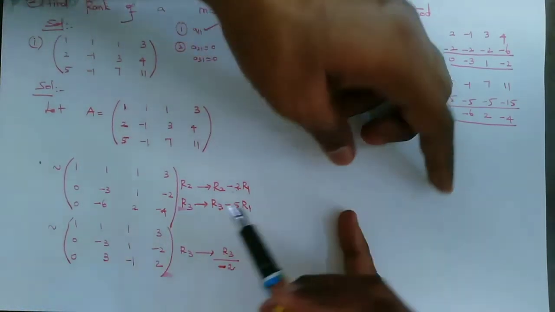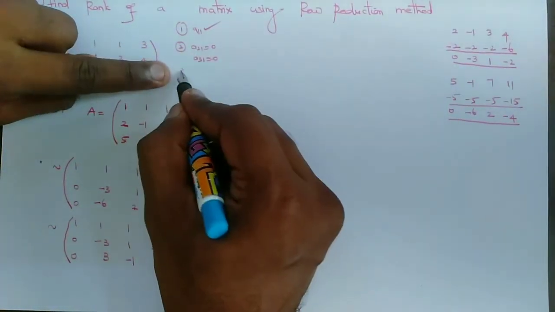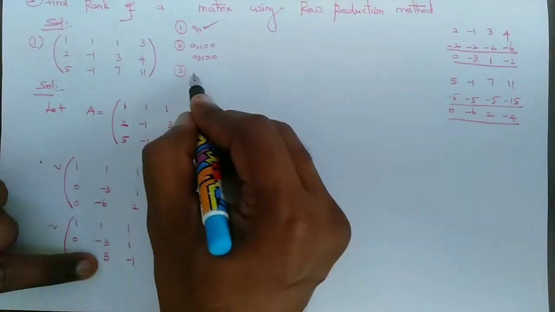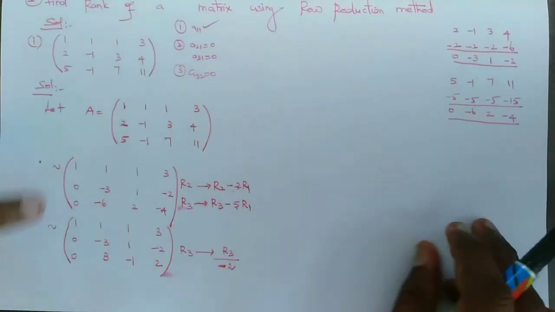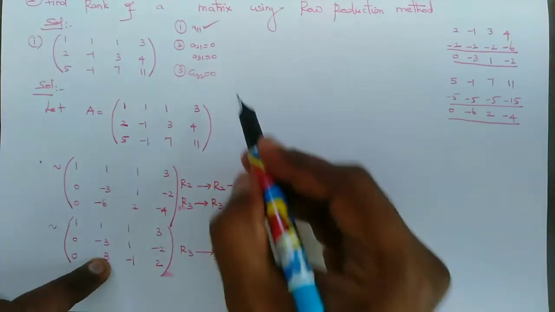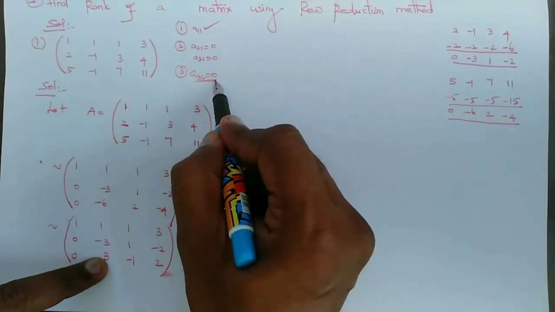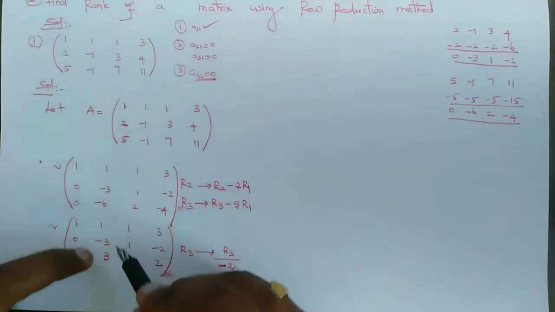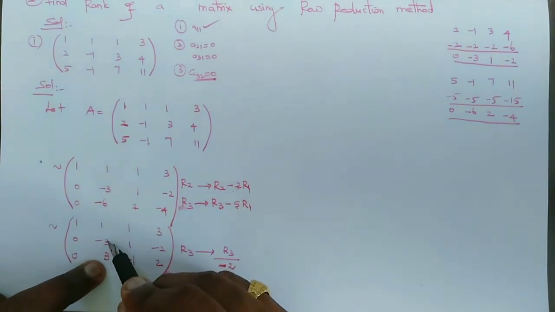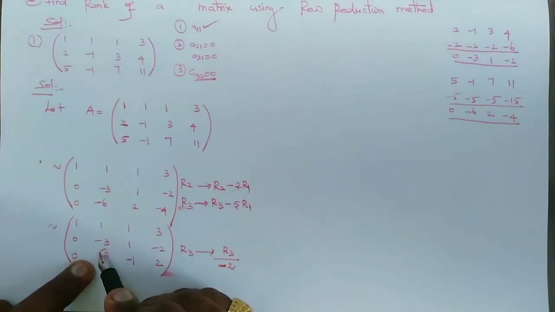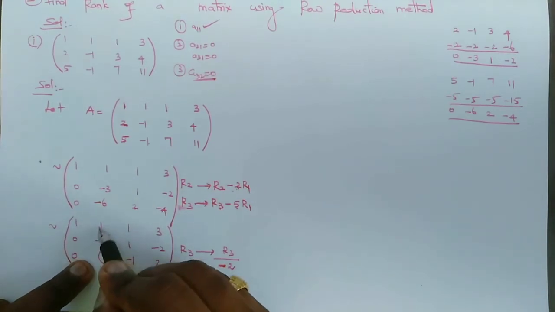Now check which one is 0. A21, A31 are 0. Next, A32 should be 0. If I want A32 to be 0, I need to get the help of R2 alone. This is R2, 3 minus 3, 0. Can I go for R1?